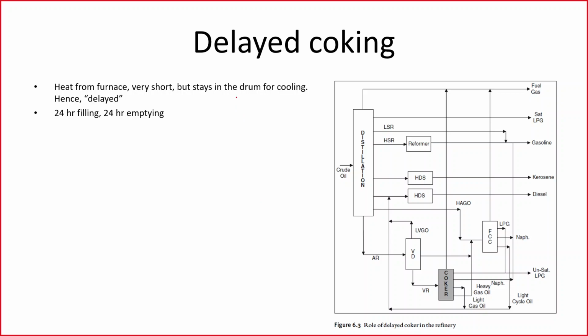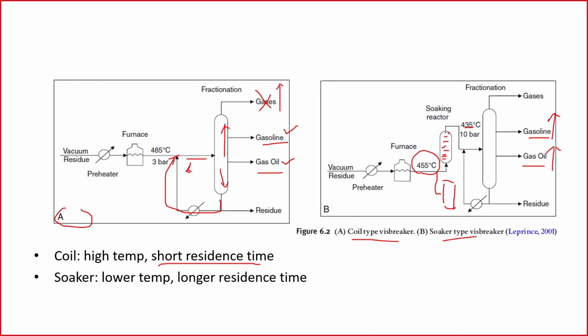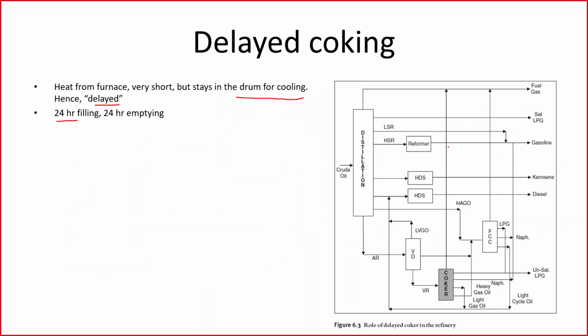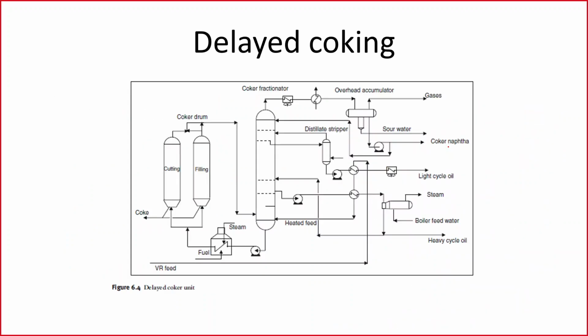It stays in the drum for cooling, hence the name delayed. And then we have 24 hours to fill this unit, and once this is filled, you then fill the other one, and you let it cool, and then you take the coke out of that. So that's basically what the delayed coker is.